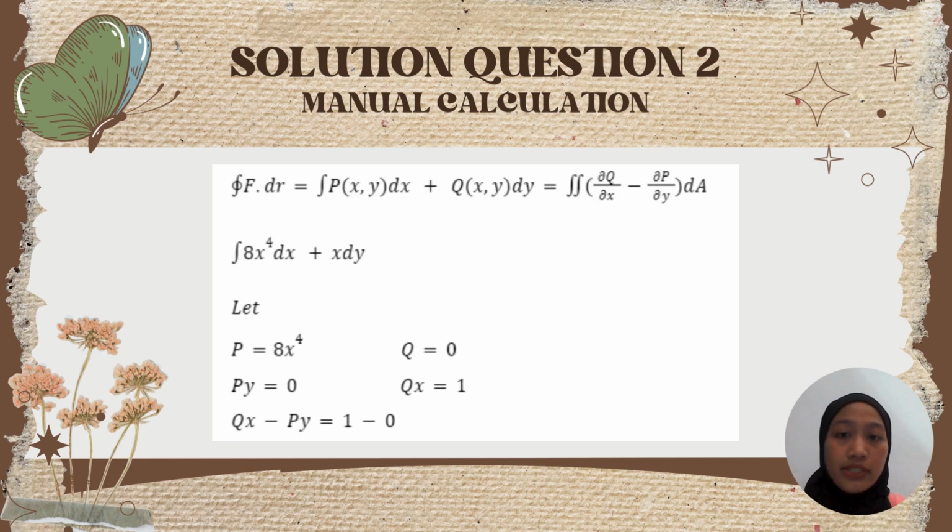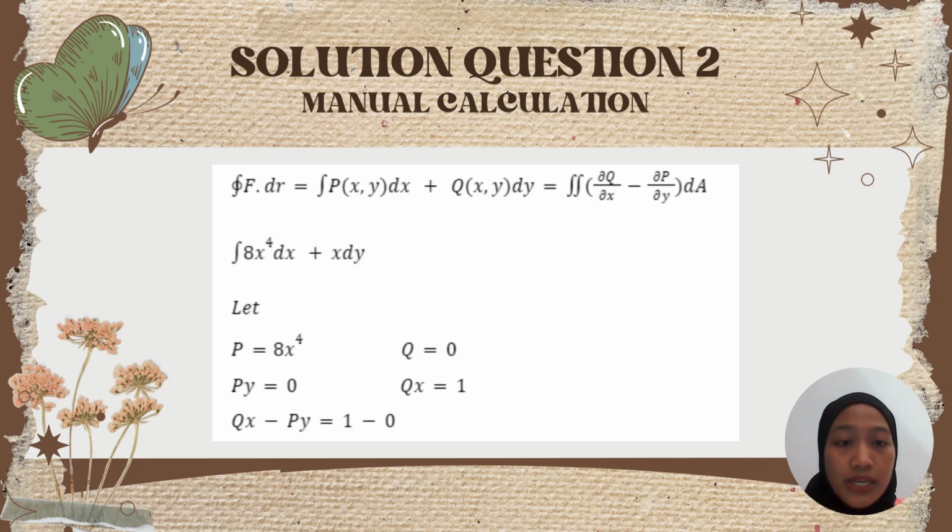So, first thing first, the formula is the contour integral of F dr equal to the integral of P(x,y) dx plus Q(x,y) dy, equal to the double integral of partial derivative Q over partial derivative x minus partial derivative P over partial derivative y dA. So this is the equation from the question.